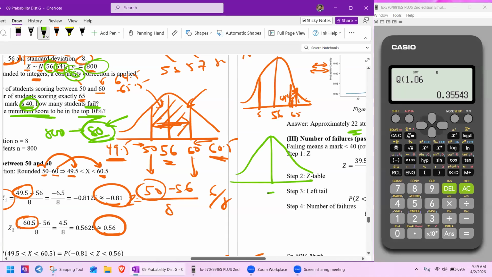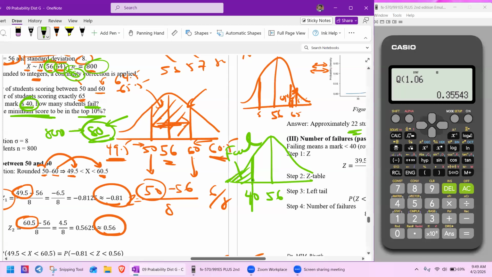This is 56. If we decide the cutoff mark is 40, any student who falls under this area will fail, and we have to find the probability of that. Then if we multiply by the 800 students, we get the number of students who fail.